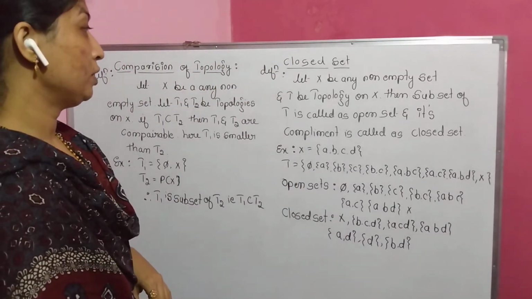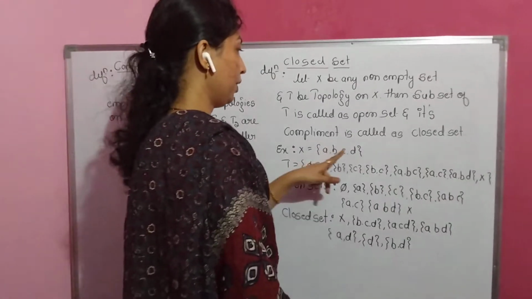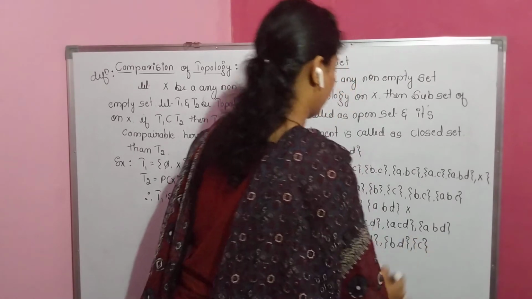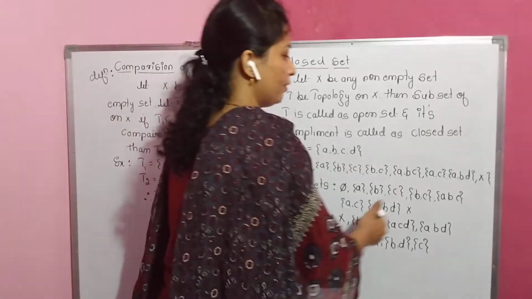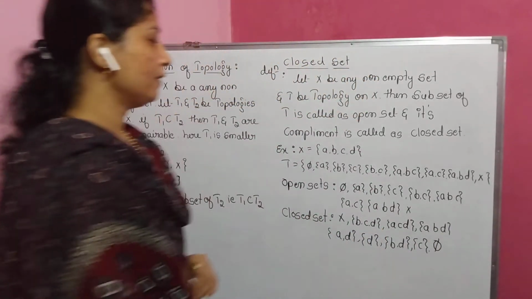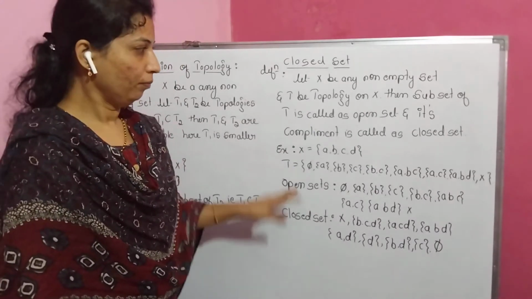Next, complement of ABD is nothing but C. Then complement of X is nothing but empty set. These all are the closed sets.